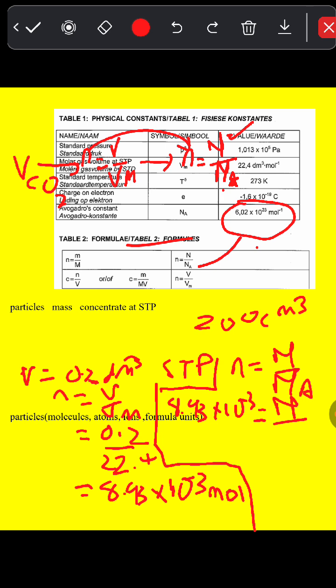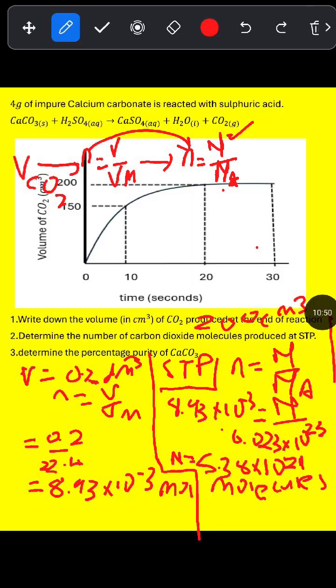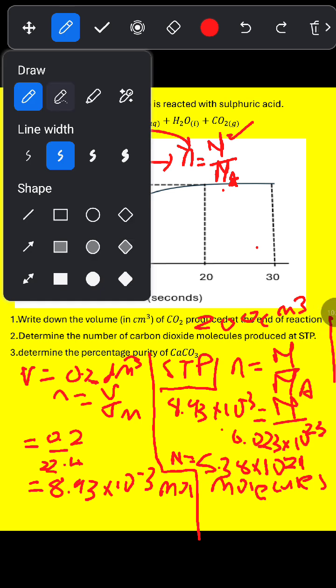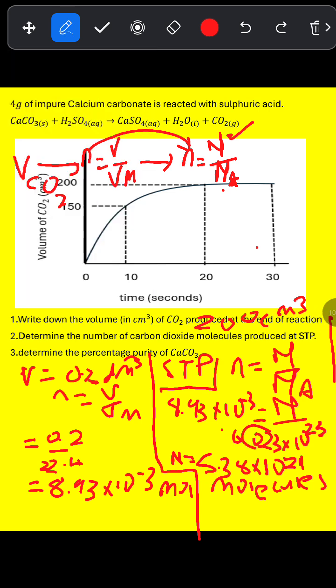So for Na, I'm going to substitute that number there, which is a constant. So we substituted this, then we get the number of particles as 5.38 times 10 to the power 21. That is the number of particles, right?